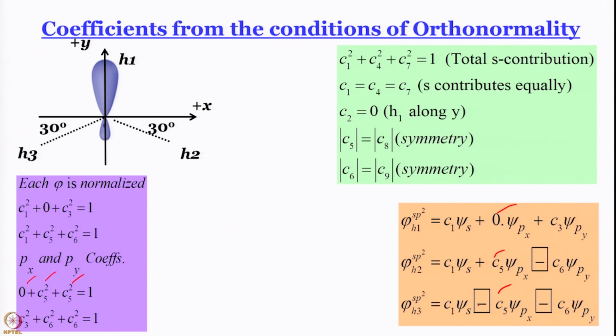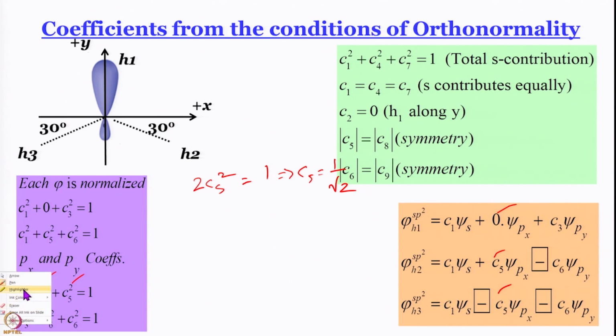I do not remember where the white space is, I will write here. So, what do I get here? 2 C5 square equal to 1. So, C5 is equal to 1 by root 2. I hope you have your pen and paper with you, please write these values down because I have everything written down in the next slide, but if you write down you can check. So, 1 by root 2, that is what I have got.